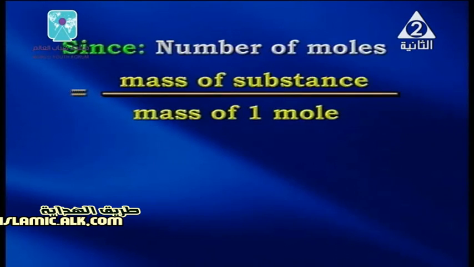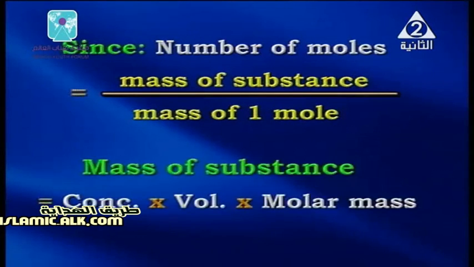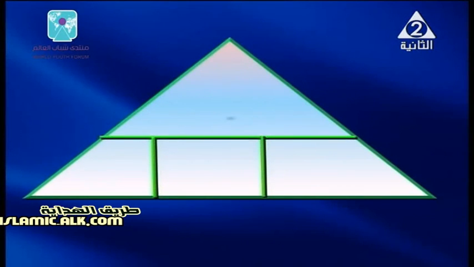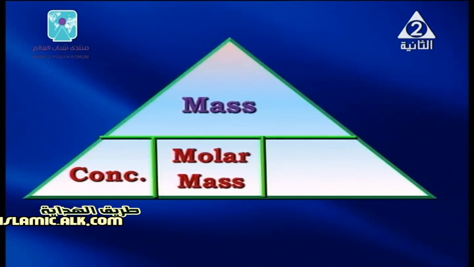Since the number of mole equals mass of the substance over molar mass, the mass of the substance equals concentration times the volume times the molar mass. As shown in the following triangle, the mass can be calculated by multiplying the concentration times the molar mass times the volume in liter.